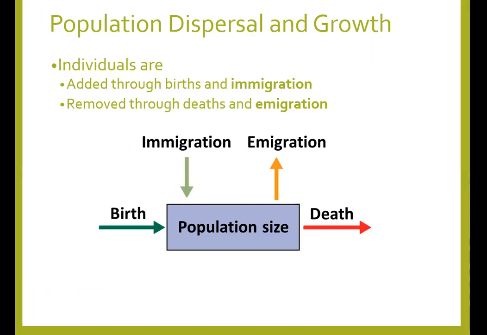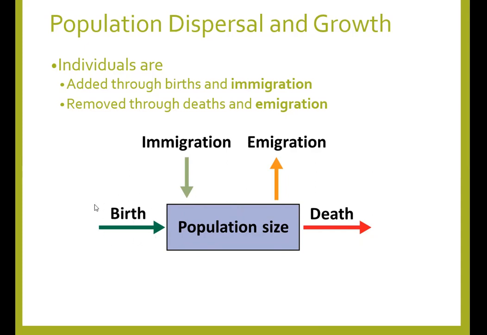Once we estimate the approximate population size, we can use that number to estimate how the population will change over time. So will it grow, will it decline, and in what ways? The population size, again measured by marking and recapturing, changes when new animals are born.